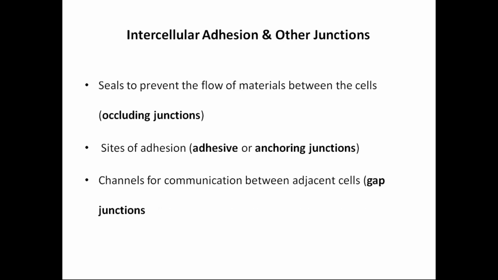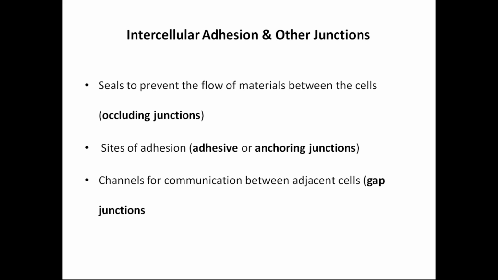Next, my topic is how cells are united together. Cells are united together by some intercellular junctions. They are tight junctions or occluding junctions, adhesive or anchoring junctions, and gap junctions. These junctions are present on the basolateral surface of each individual cell.